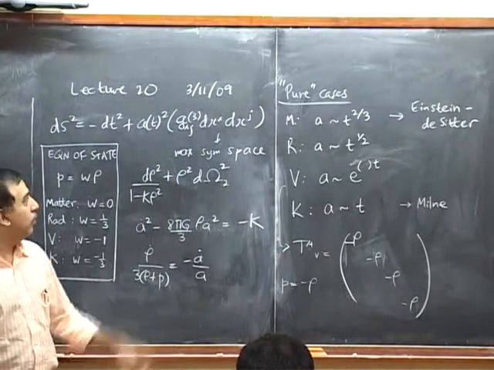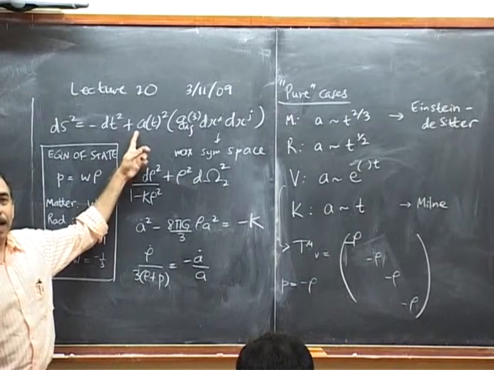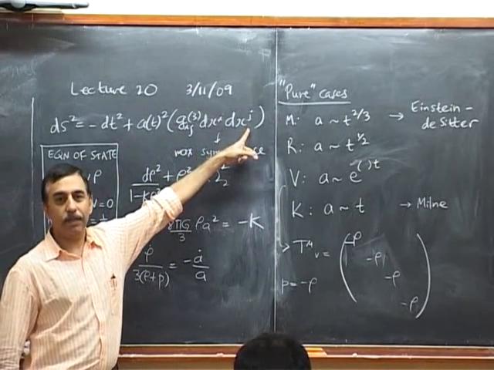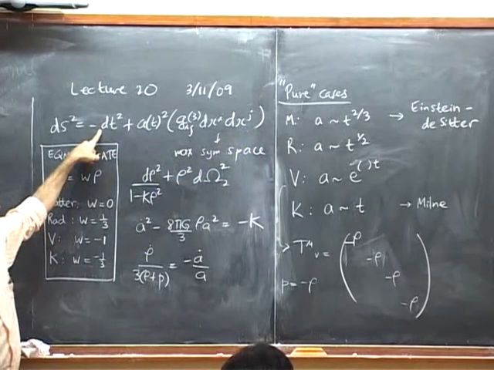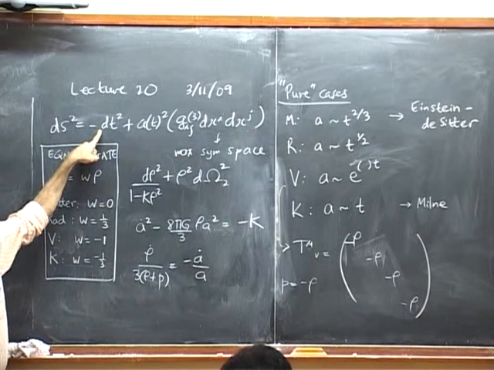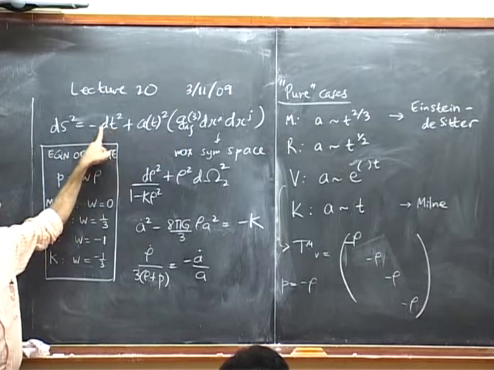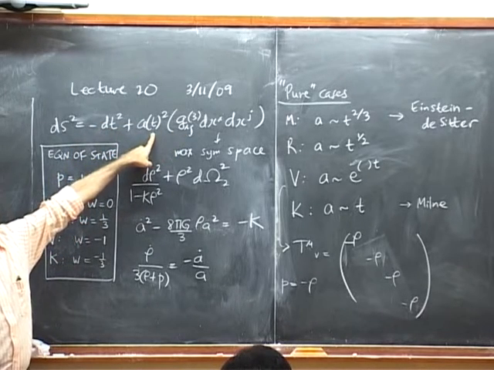That may not be visible in these coordinates, which are adapted to understand the isotropy and homogeneity only of the 3-space, and which have a very particular choice that the coefficient of time is 1. This is a very anisotropic choice between space and time. This one is 1, this one is some function.